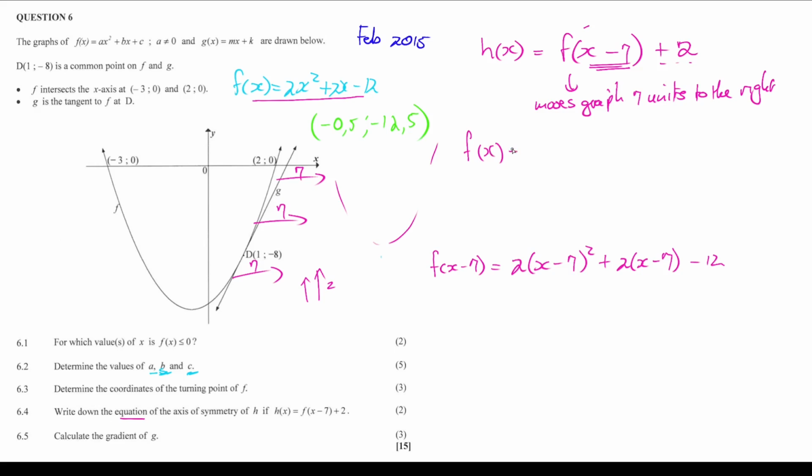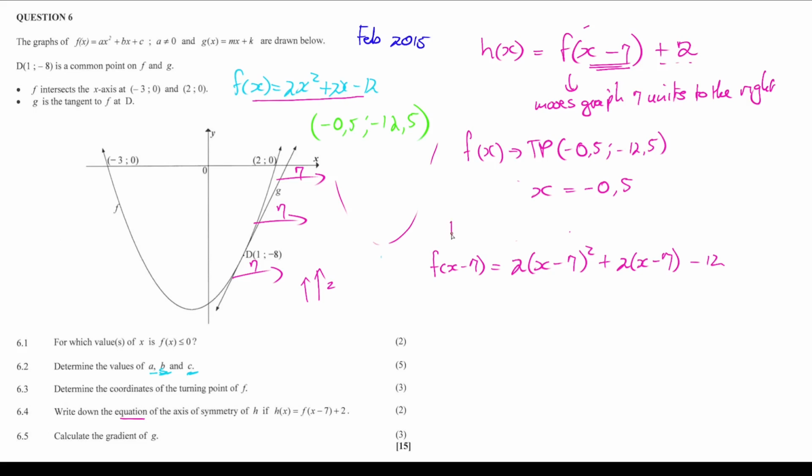Its turning point was minus 0.5, minus 12.5. That means the equation of the axis of symmetry for this guy is where x equals minus 0.5. That's for f of x.